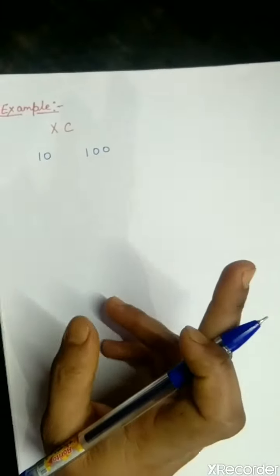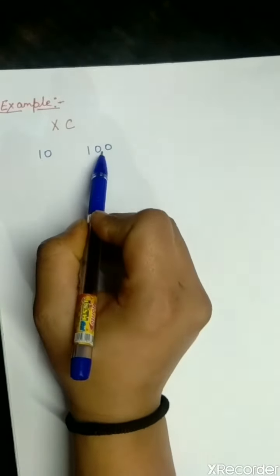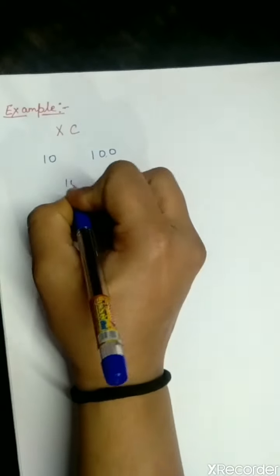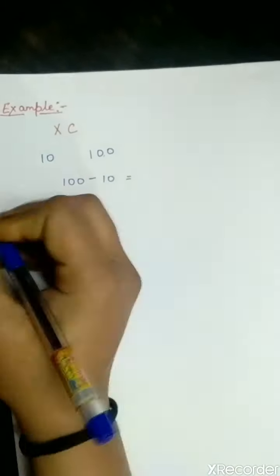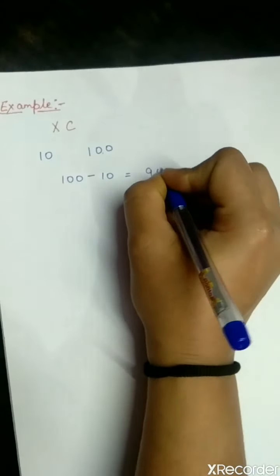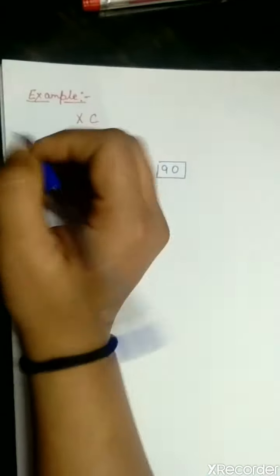Now remember the rule of subtraction. 10 is smaller than 100, that's why we will subtract 100 minus 10, and what we get is 90. It means XC is the symbol of 90. Very good.